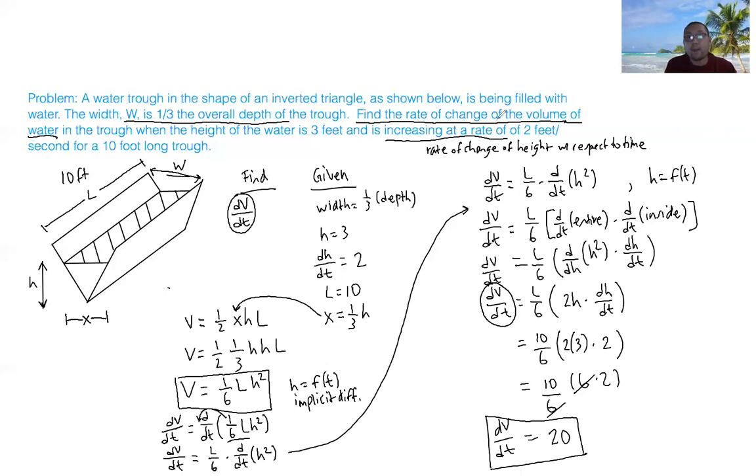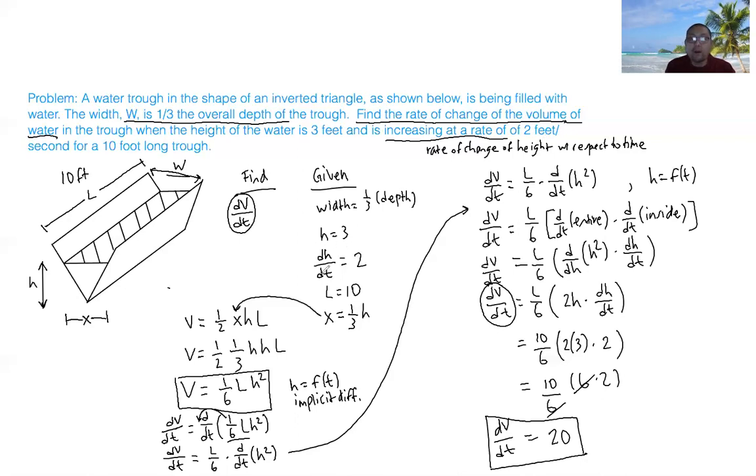We were given the rate of change of the volume, right, as what we were trying to find. And so that's how we determine dV over dt, our quantity we're trying to solve for. And then they wanted you to find dV over dt when the height of the water was 3 feet, h is equal to 3, and when the height was increasing at a rate of 2 feet per second.